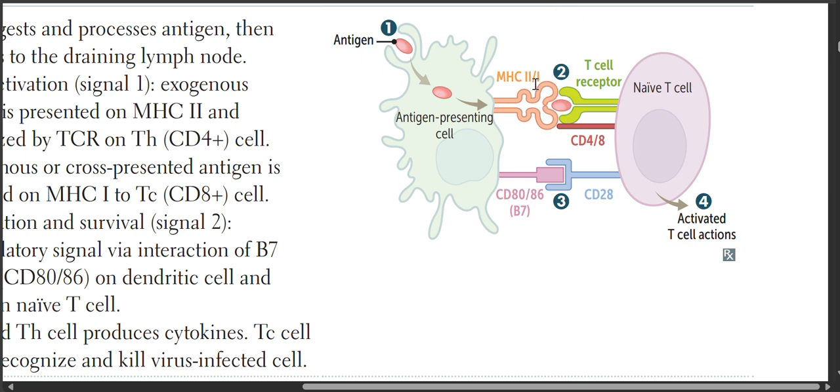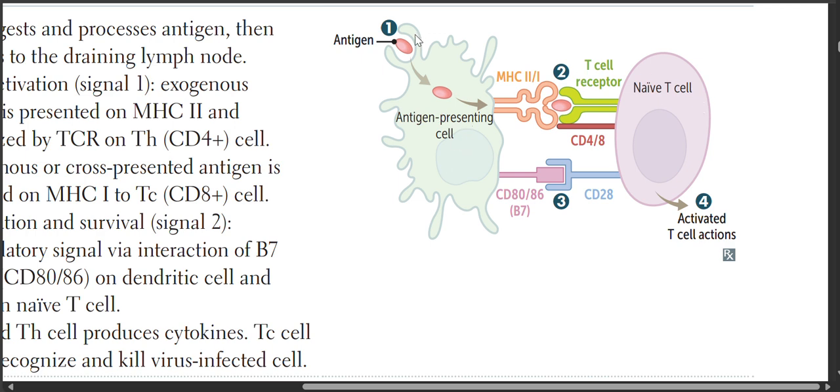And then if it's an MHC class 1, which T cells would be activated? CD8. Yes, perfect. Now, both of these cells, CD8 and CD4 cells, have a molecule called a T cell receptor. This T cell receptor directly connects to the MHC molecule, and that allows for sharing of information from one cell to another.